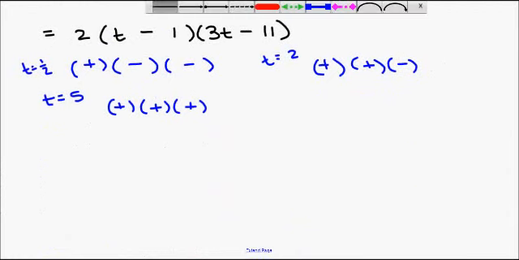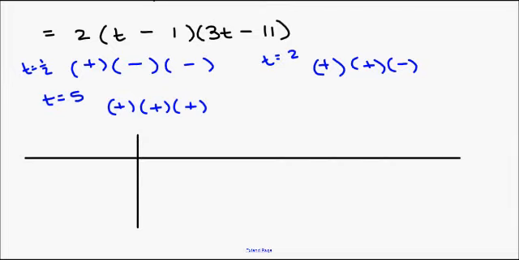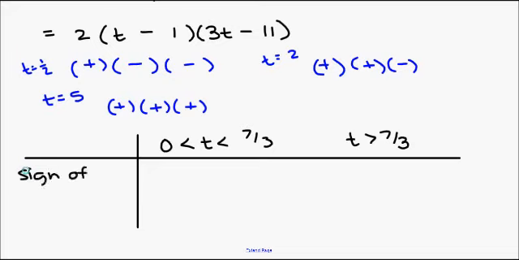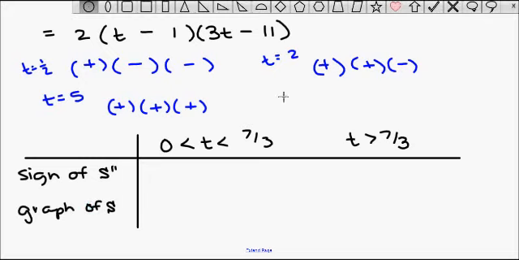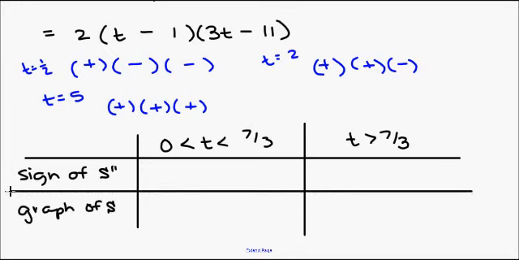So my sign chart here, don't worry, we still get one, is for 0 is less than t is less than 7/3, and then t is greater than 7/3. And I want to know the sign of a, which is s double prime, and what the graph is doing. So graph of s.